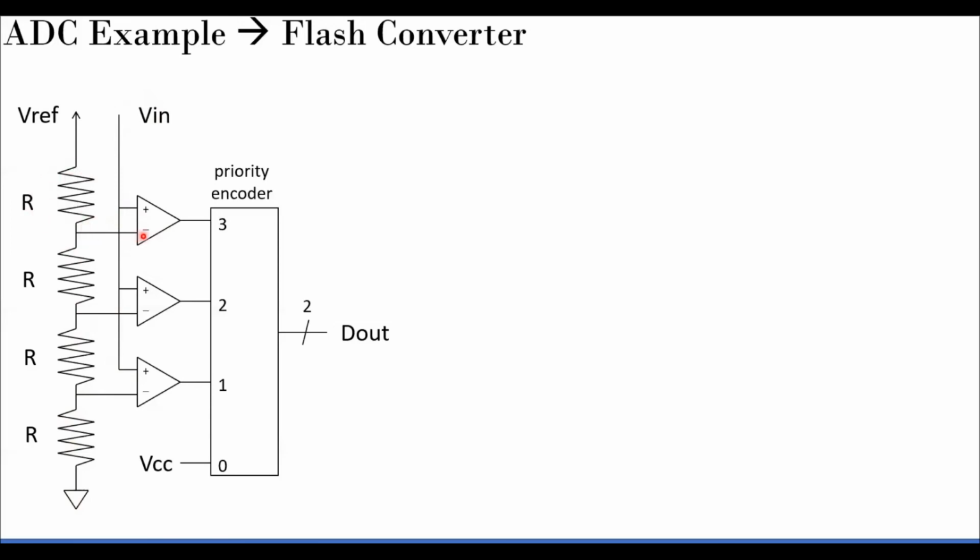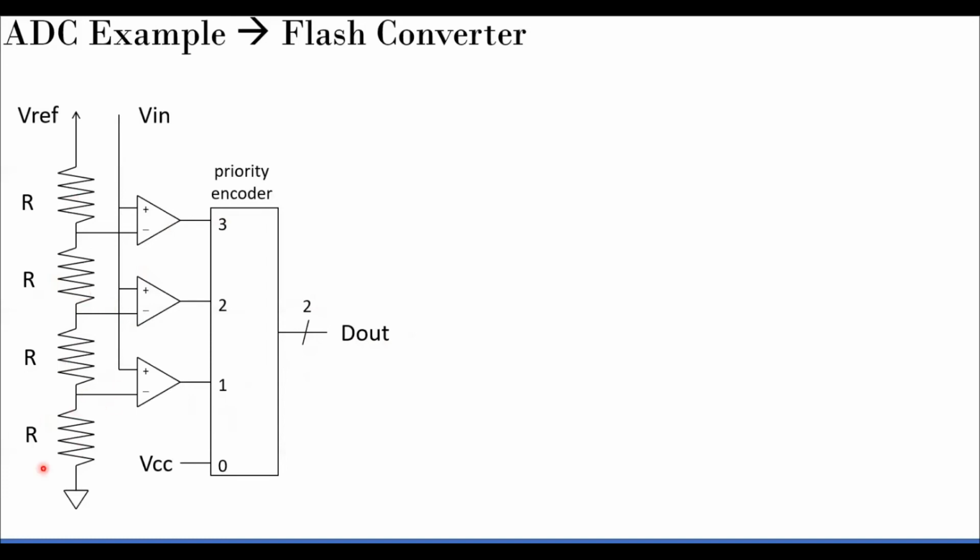That means this comparator will be enabled, so 3 will be enabled, and the corresponding bit value 1, 1 will come out. Similarly, if it is greater than this next value, then obviously this one will go, and that bit will come. That is how it works. The voltage value may be increasing.